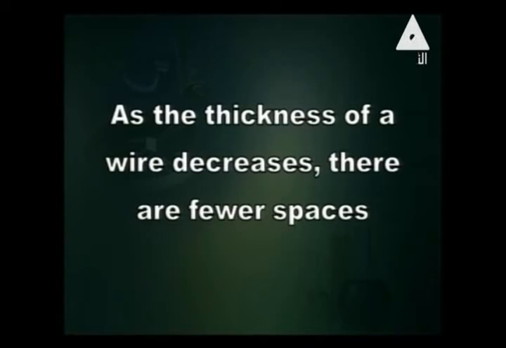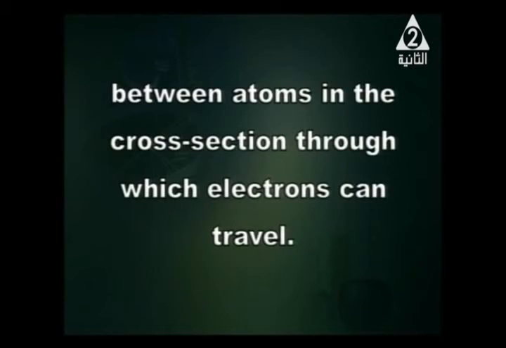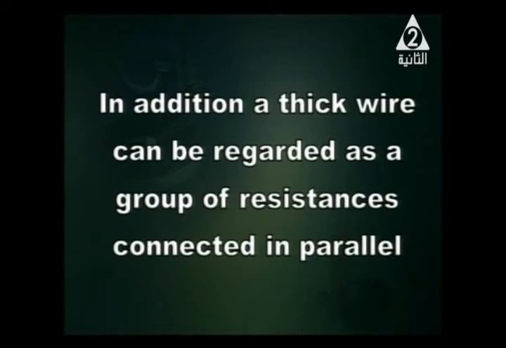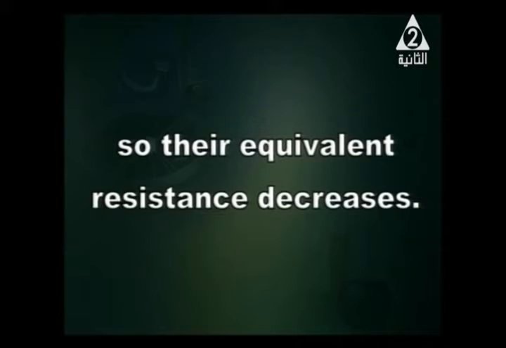As the thickness of a wire decreases, there are fewer spaces between atoms in the cross-section through which electrons can travel. In addition, a thick wire can be regarded as a group of thin wires connected in parallel, so their equivalent resistance decreases.